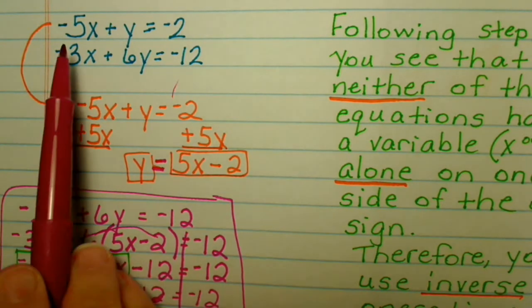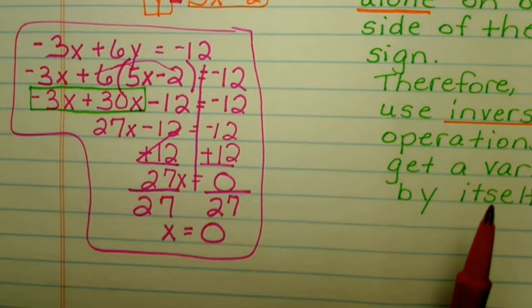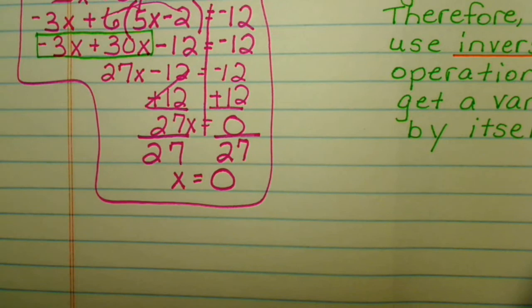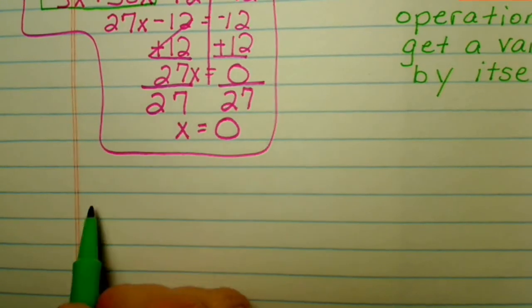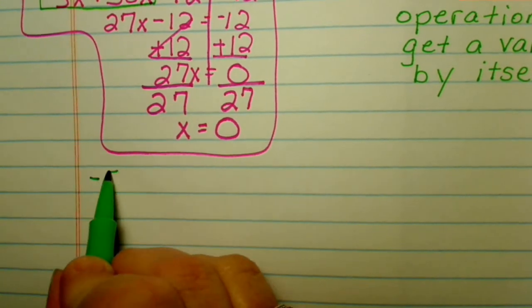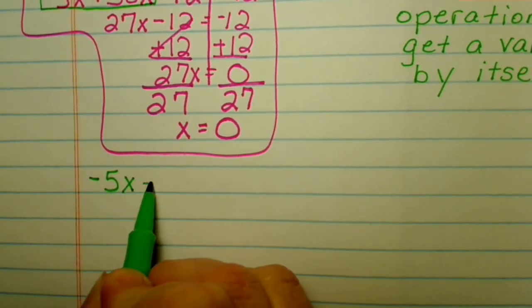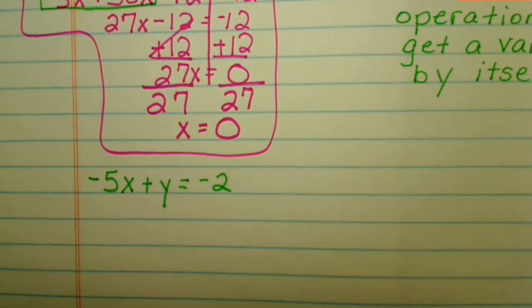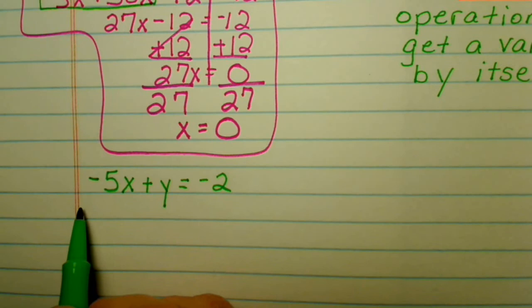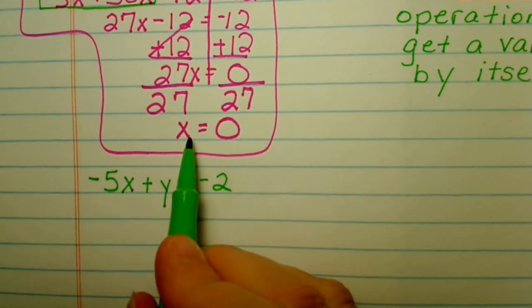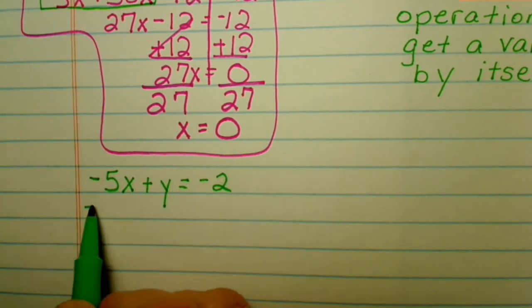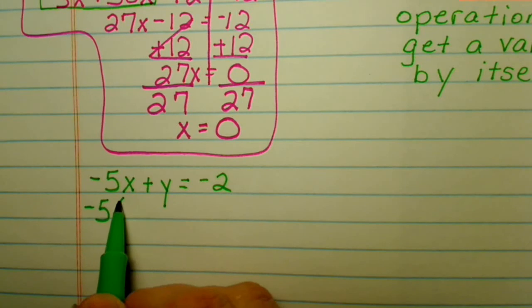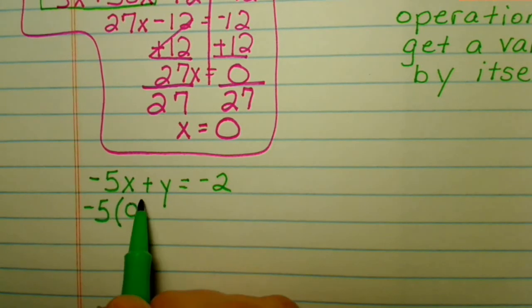So let's plug the x into the other equation, which is negative 5x plus y equals negative 2. We're going to substitute in that x is now a 0. So in place of x, I'm going to plug in a 0.